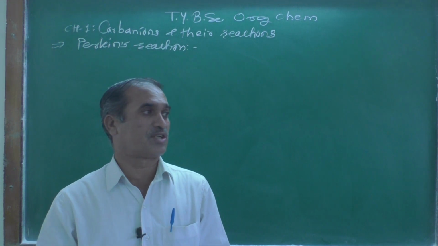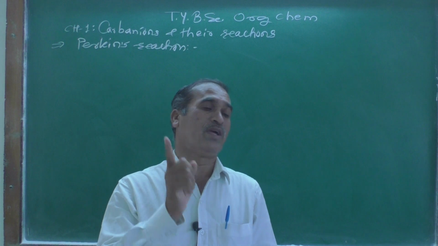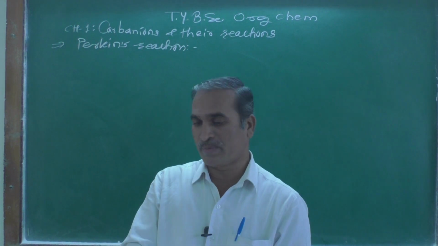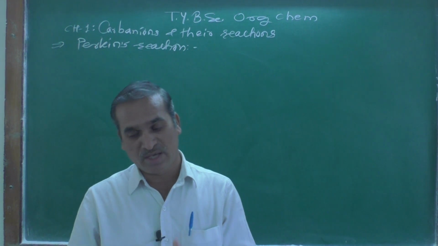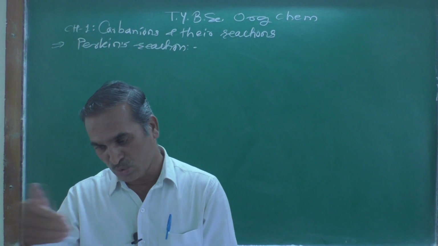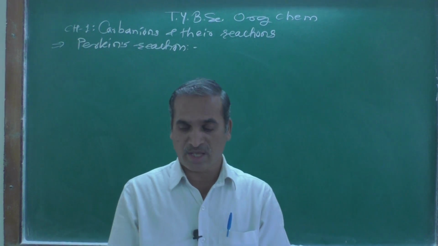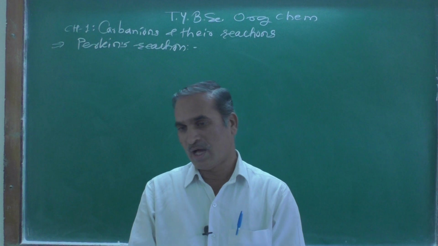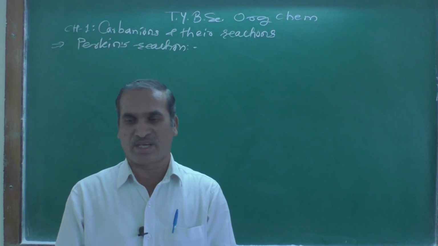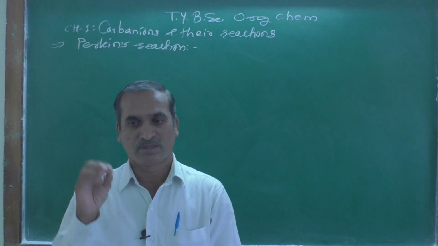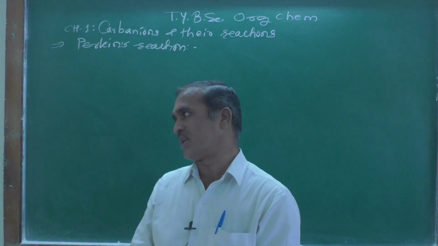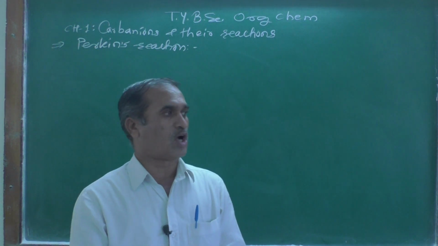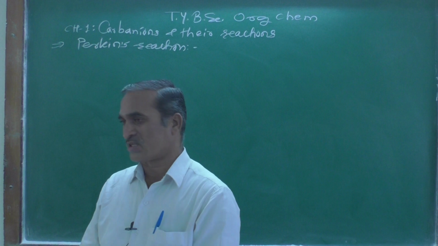In Claisen ester condensation there must be two alpha hydrogen atoms present, and only then does it undergo the condensation reaction. If only one alpha hydrogen atom is present, that type of compound, even though it contains an ester group, does not undergo Claisen ester condensation.